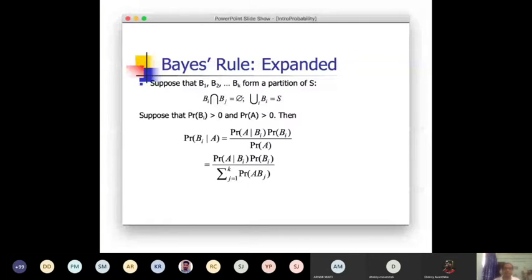So you can consider the joint probability of each one separately, and if you sum these probabilities, that would give you the probability of A itself. That is what you should note here.